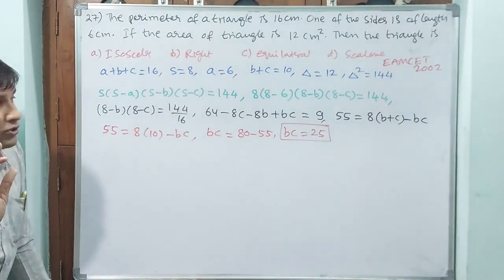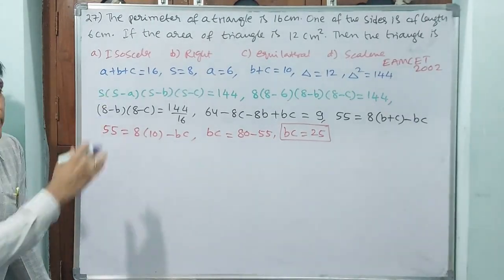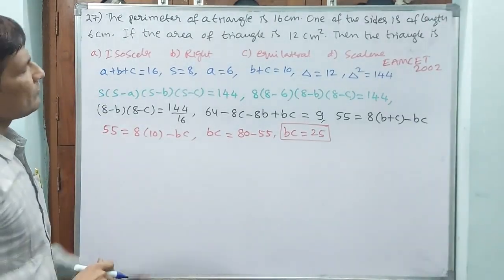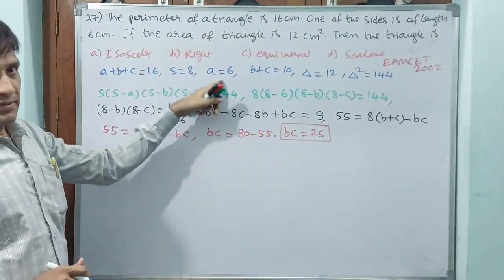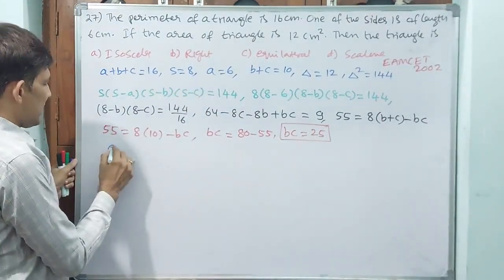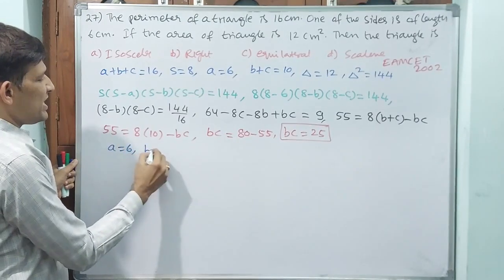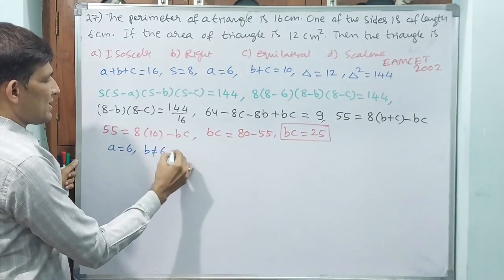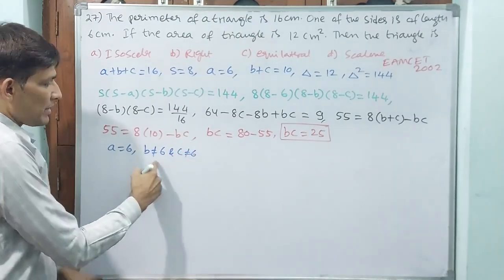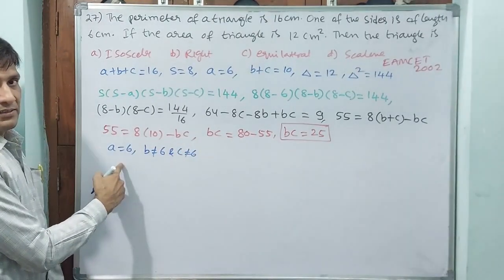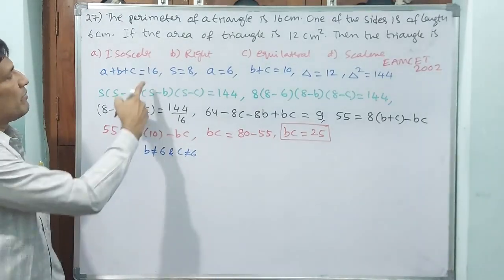One thing I want to tell you here. We can eliminate some answers. Why? Because b plus c is 10, but a is 6. See, logic I am telling. A is equal to 6 means b cannot be 6 and c cannot be 6. Why? Because 6 plus 6 plus 6 is 18, but here 16 is there.